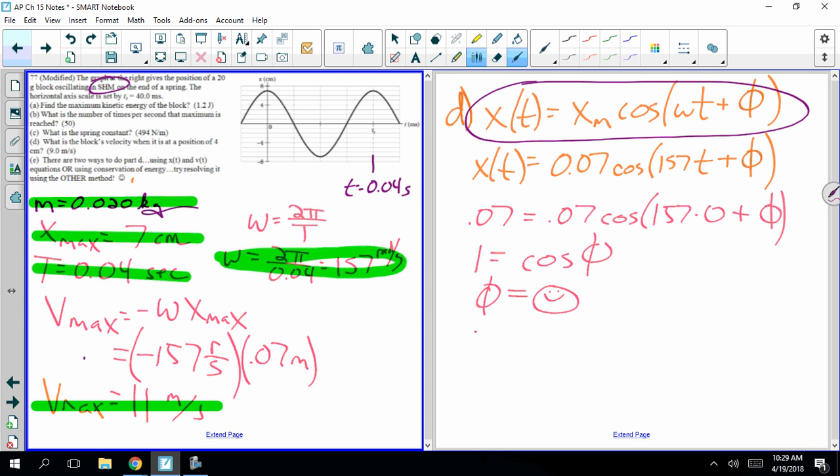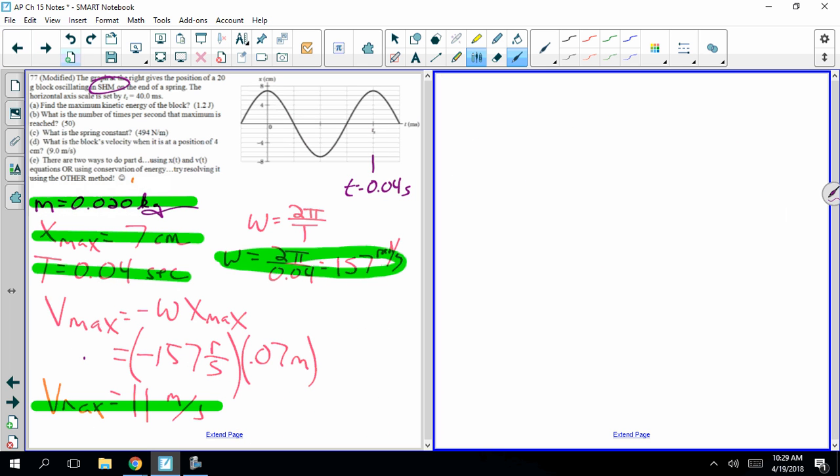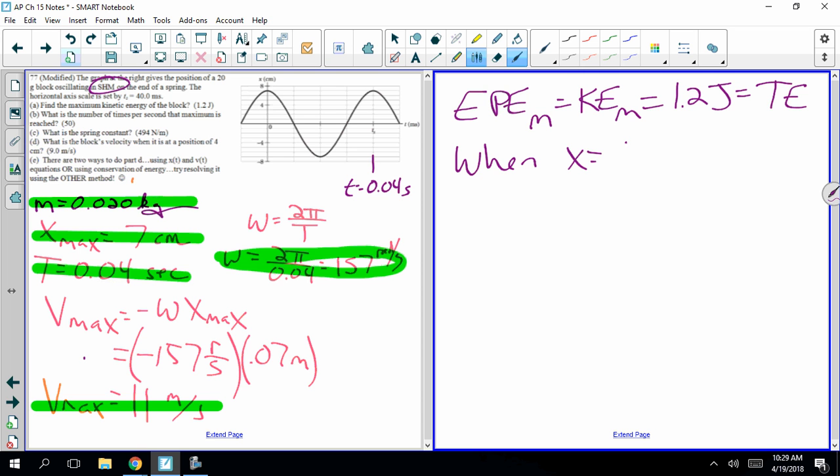Conservation of energy. So check it out. We know that our EPE max is equal to our KE max, which is 1.2 joules. Isn't that our total energy? Cool? So, when x equals 0.04 meters, we have EPE plus KE equals the total energy, right? 1.2 joules.